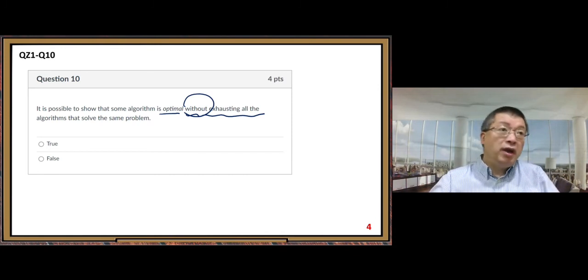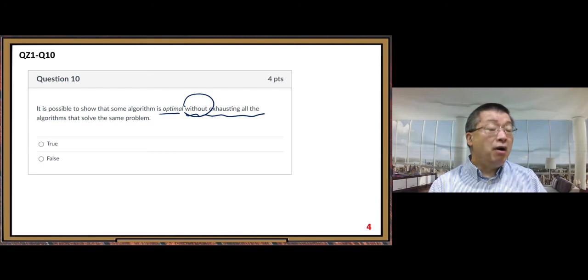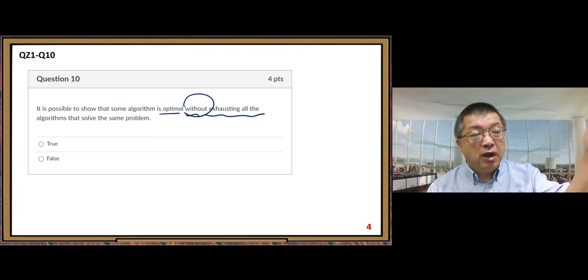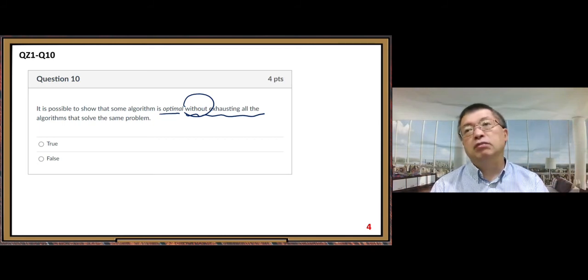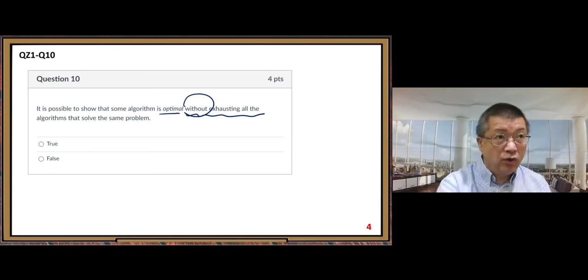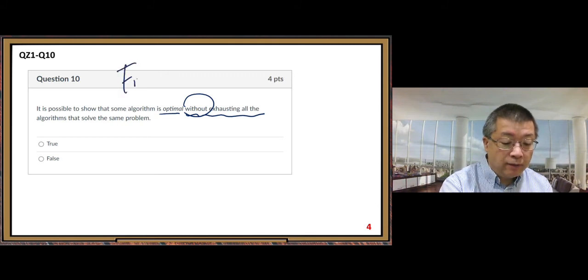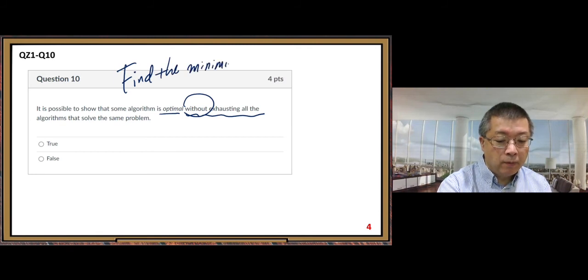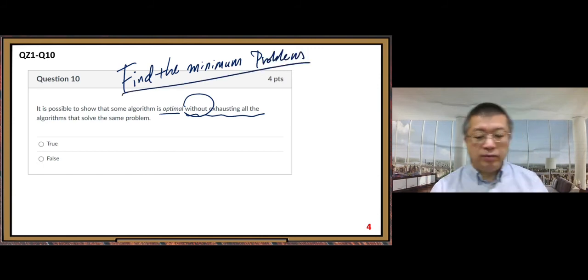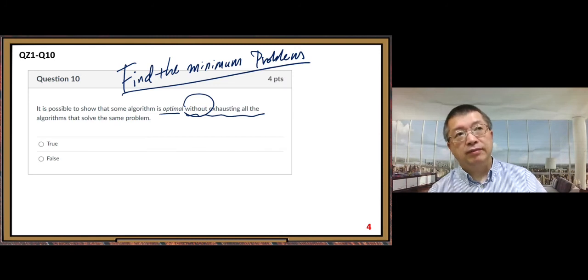Because nobody can exhaust all the algorithms, how can you convince people this algorithm is optimal, right? It's hard to imagine that, but we did it in that video. We can show it. We use the example. You need to recall the find-the-minimum problem as the background.